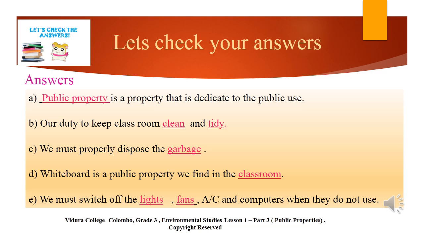C. We must properly dispose the garbage. D. Whiteboard is a public property we find in the classroom. E. We must switch off the lights, fans, AC and computers when they are not used. So I hope that you have done all these questions correctly. Well done.